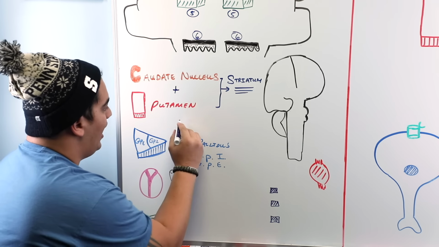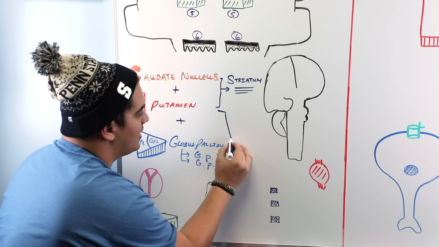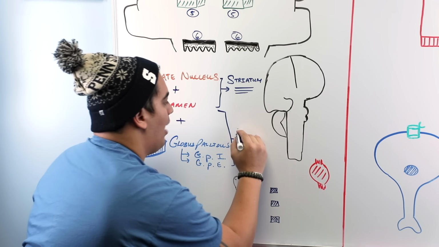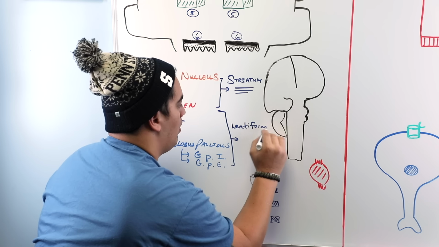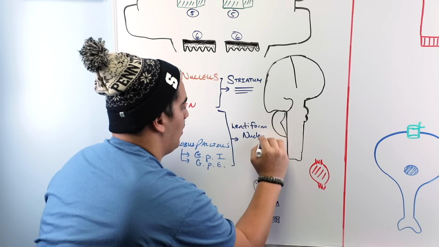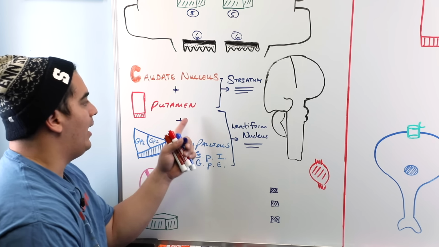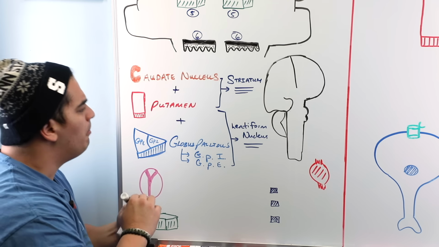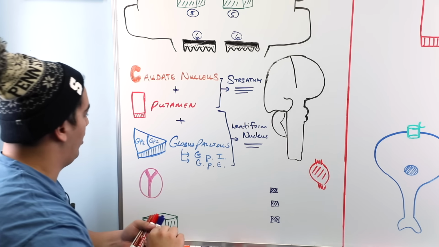If you take the putamen and combine it with the globus pallidus, this makes a very special structure, and we call this the lentiform nucleus. So the caudate and the putamen make the striatum, and the putamen and the globus pallidus make up the lentiform nucleus.